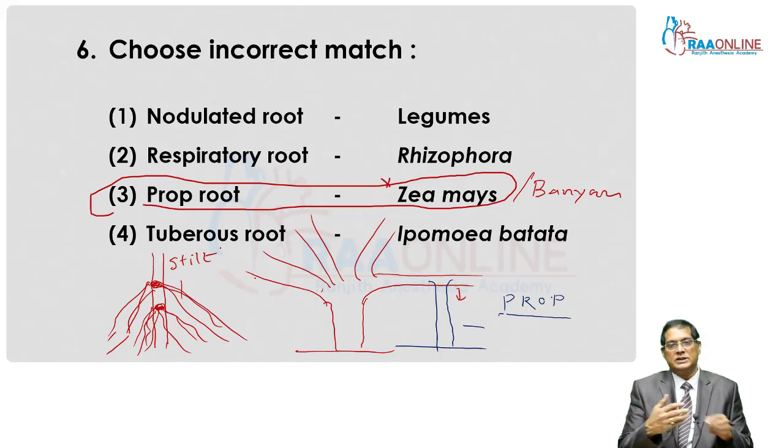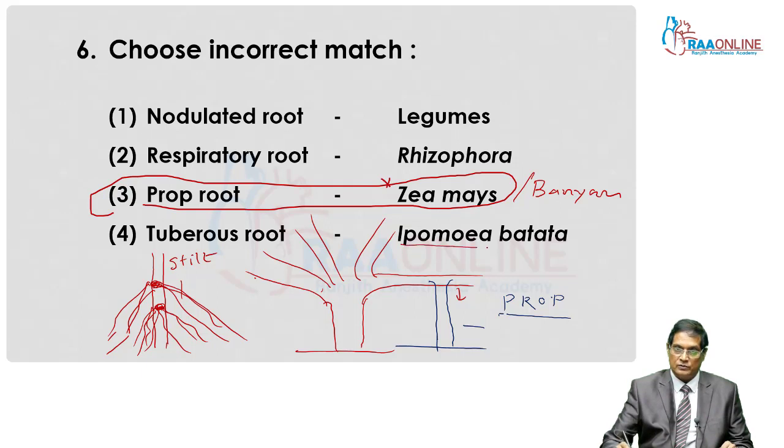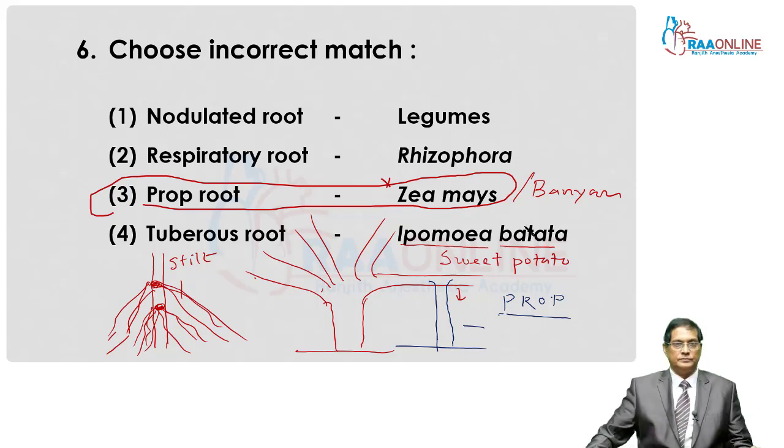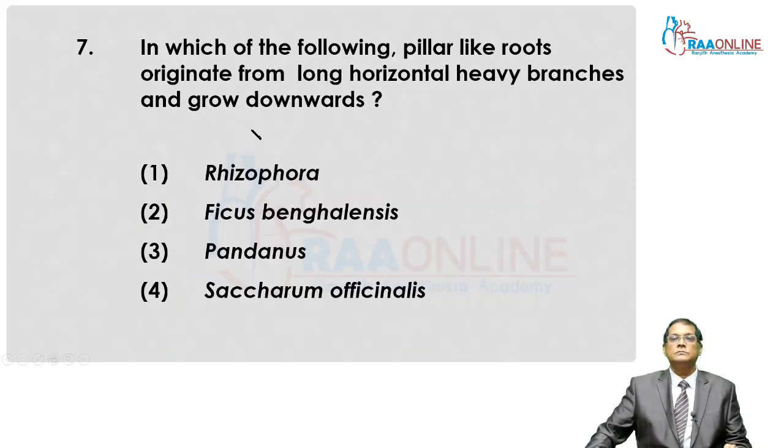And we have already studied the tuberous root, that is Ipomoea batatas, sweet potato. Scientific name of sweet potato, Ipomoea batatas. Now next one, seventh. In which of the following do pillar-like roots originate from the long horizontal branch?